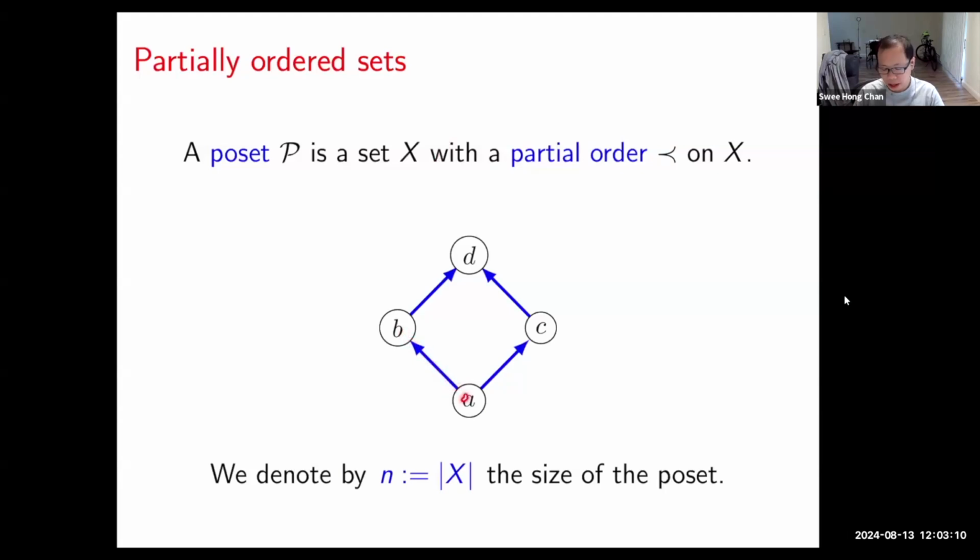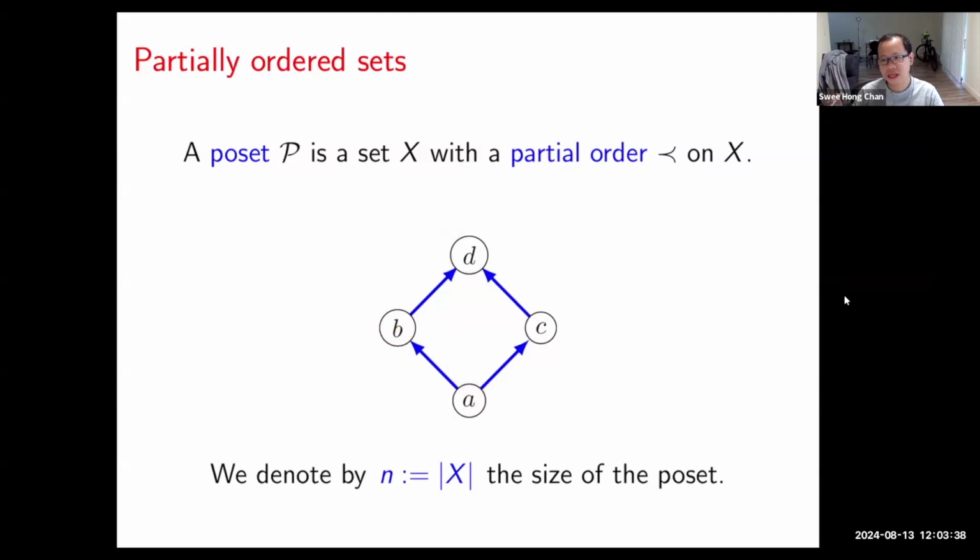For example, an arrow from A to B means that A is less than B, A is less than C, B is less than D, and C is less than D. And by the way, there's actually one other arrow that I don't draw, which is implied by transitivity: A is less than D. Because A is less than B and B is less than D, by transitivity, A is less than D. But we don't draw it because it's redundant.